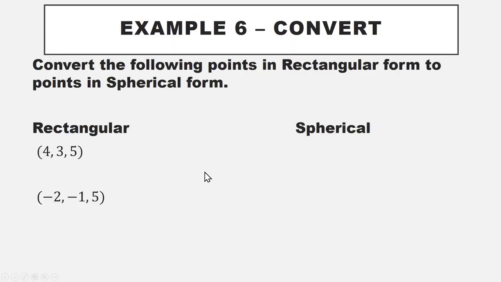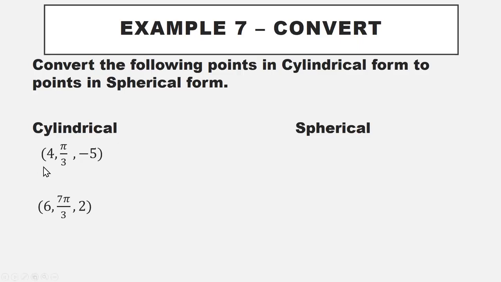So let's do some conversions. We're going to take the rectangular points we saw before, (4, 3, 5) and (-2, -1, 5), and we're going to convert those to spherical. And then we're also going to take some cylindrical points, (4, pi over 3, -5) and (6, 7 pi over 3, 2), and we'll convert those to spherical as well.